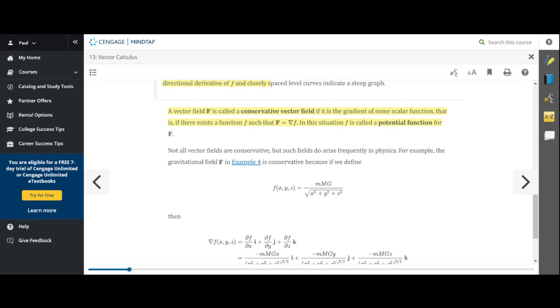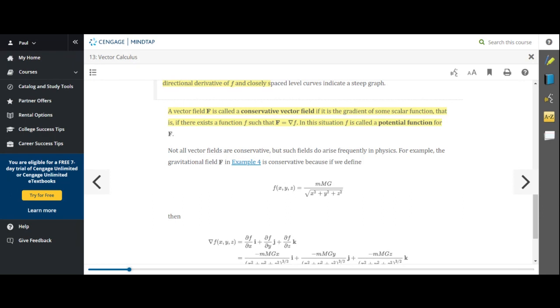How many have heard of a potential function, maybe in a physics class? All right, it's fine, no problem. You're learning it here. Not all vector fields are conservative, but such fields do frequently arise in physics.